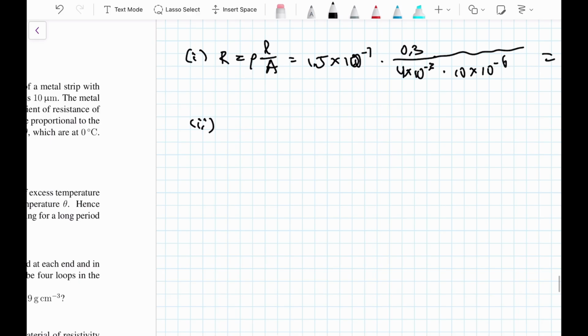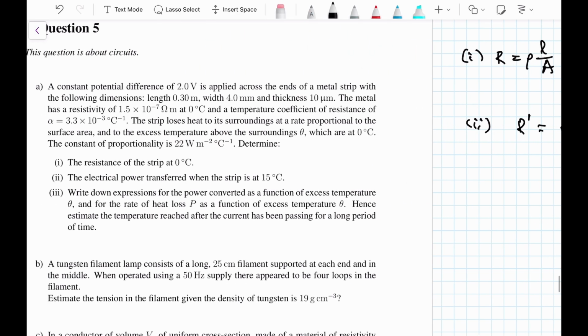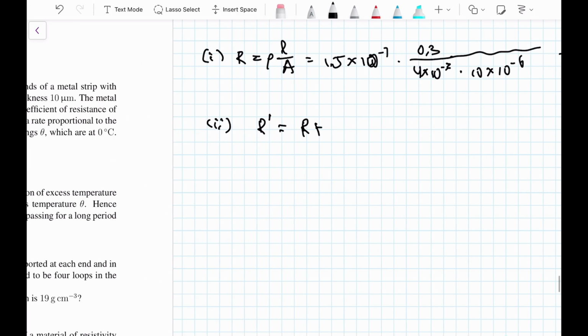So the new resistance should be equal to the initial resistance at 0 degrees Celsius plus the initial multiplied by a certain factor multiplied by the temperature.